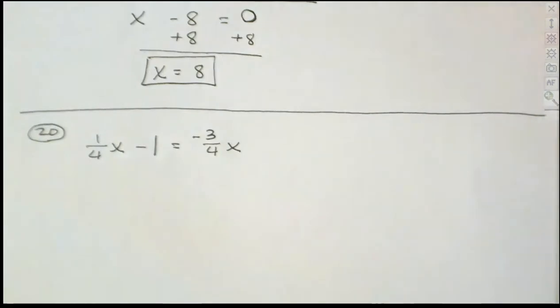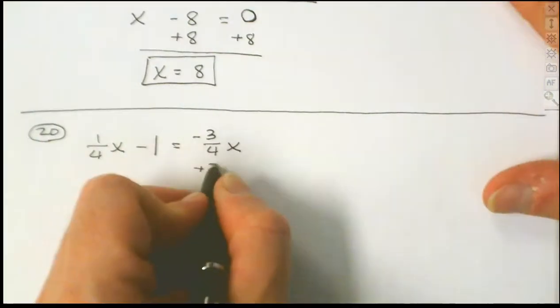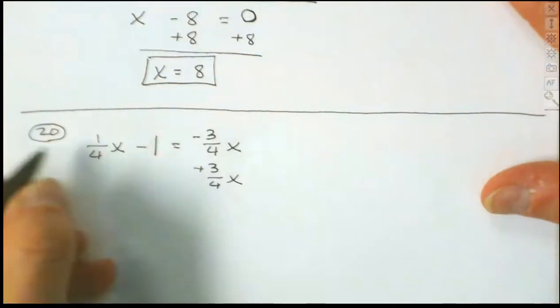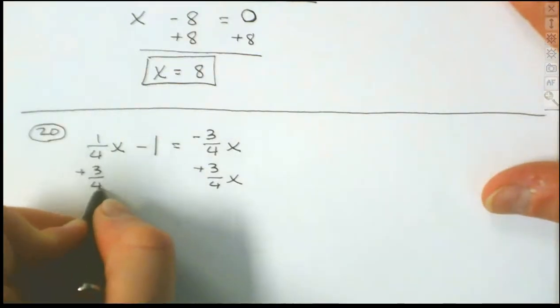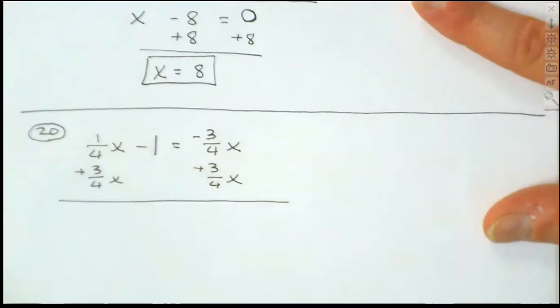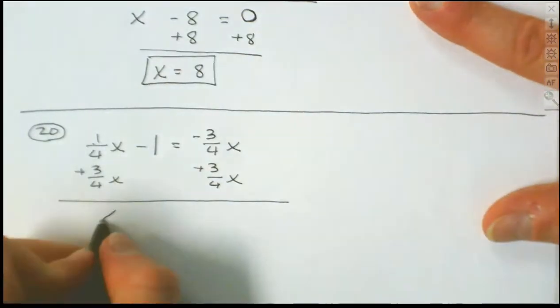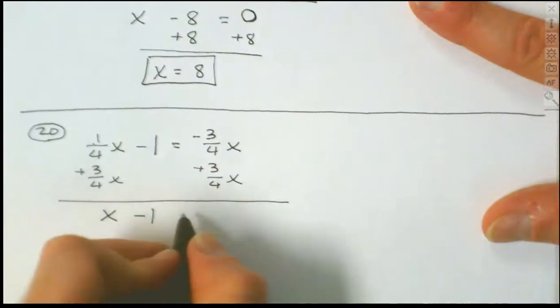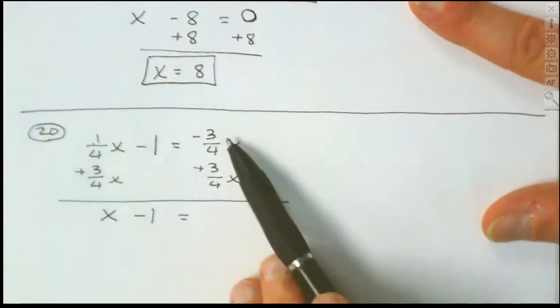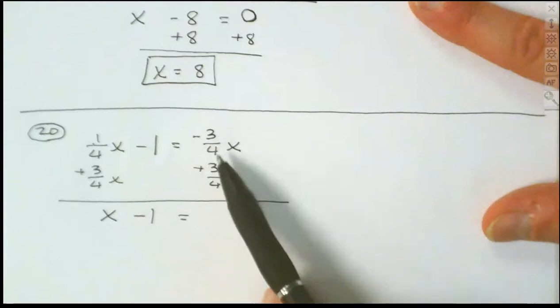So we need to go ahead and get the x on the left. So I'm going to add the 3/4 x over. And then again, we know that 1/4 and 3/4, those go together and make it 1. On the right-hand side, these are going to do what?